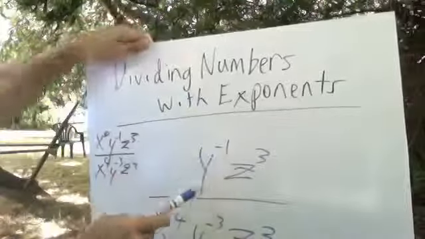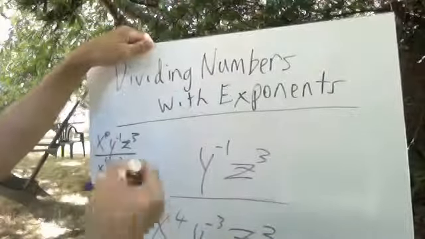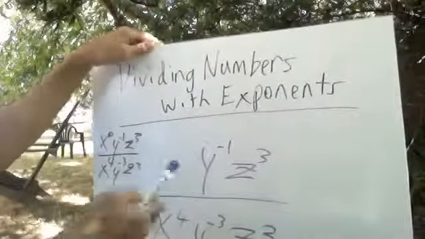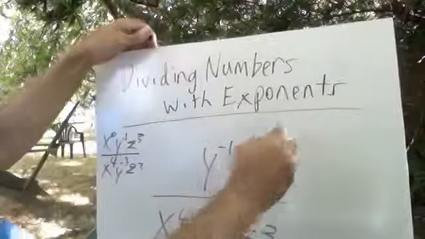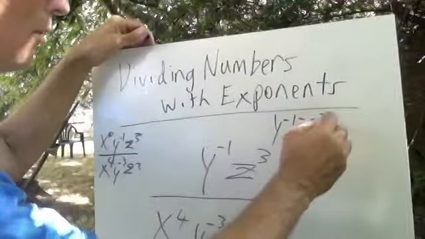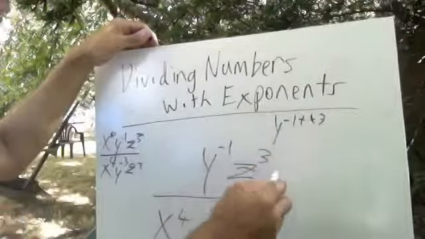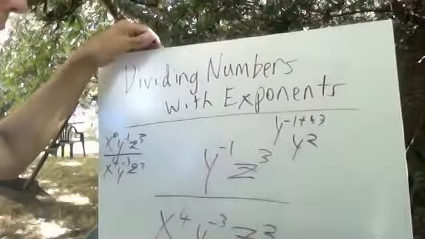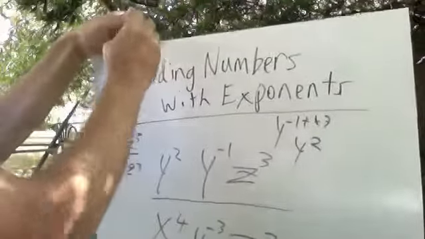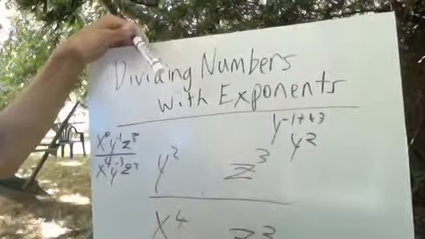Y to the negative 1st over y to the negative 3rd, I'll do the subtraction method first. So that's going to be y to the negative 1st minus negative 3, which ends up adding the opposite. So you get y squared.